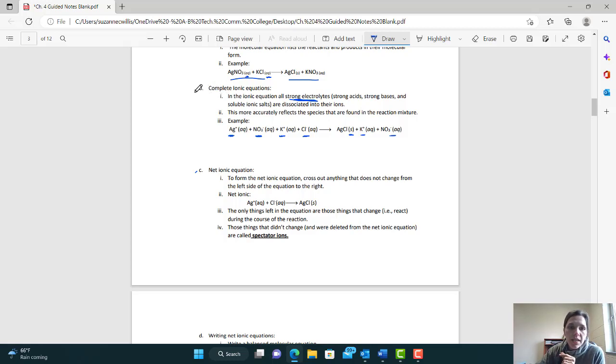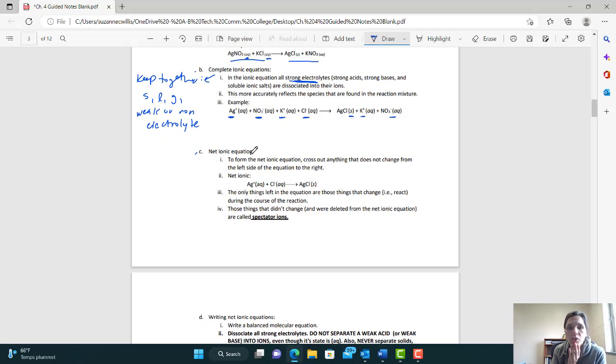So keep together: solids, liquids, gases, and then anything that is a weak or non-electrolyte. We'll keep doing this as we go. So if you're aqueous and you're an ionic compound, you break apart. If you're a solid, liquid, or gas, you stay together. And if you're a weak or non-electrolyte, you stay together, okay?